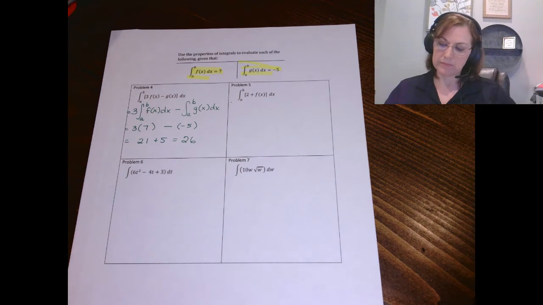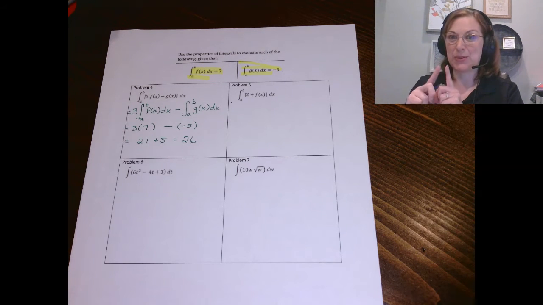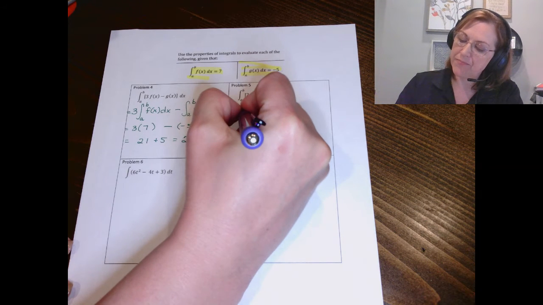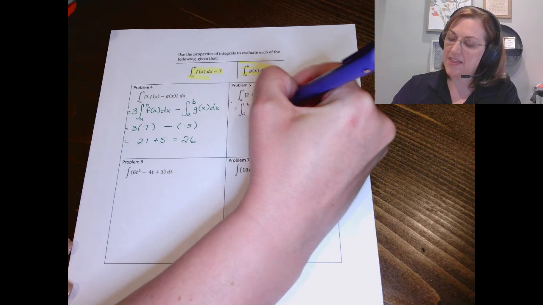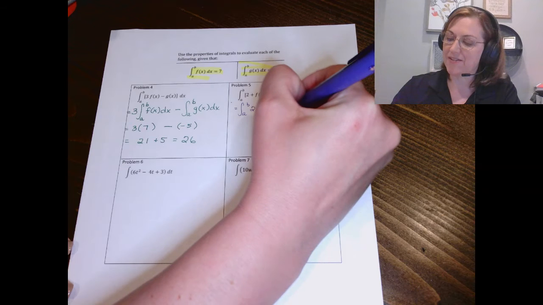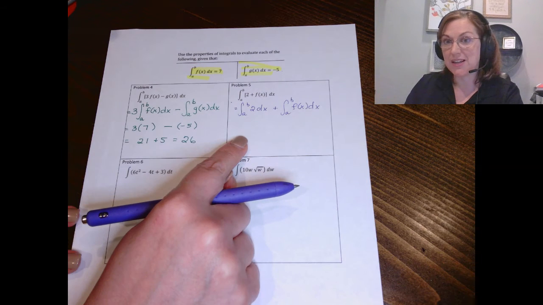All right, number 5 then. A little bit tricky. Okay, we are going to split this up, but then I have to use two different approaches. So let's split this one for the integral of 2 dx and then the integral of f of x dx. Now, the integral of 2 dx, you're going to have to do the antiderivative.